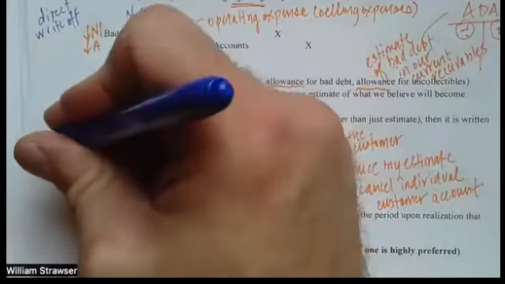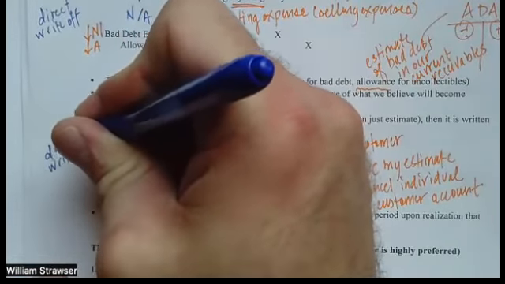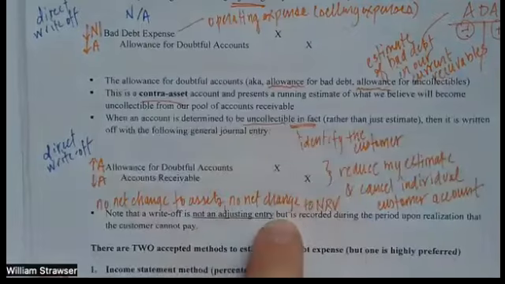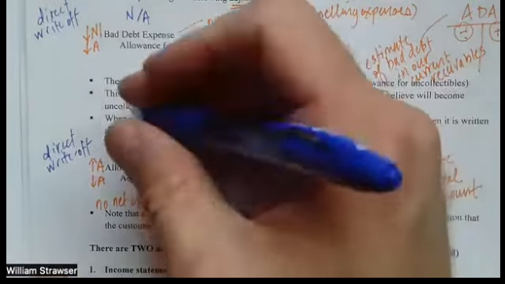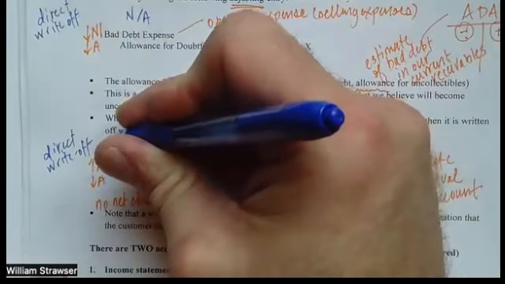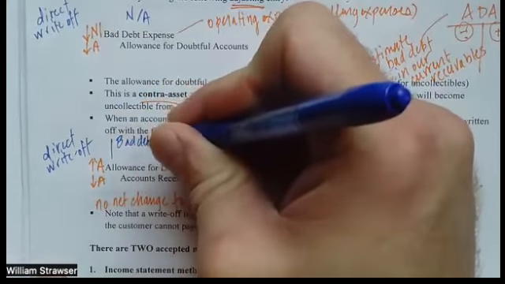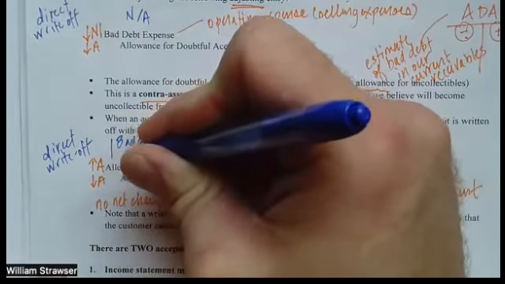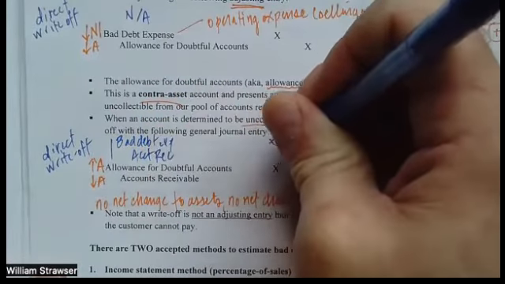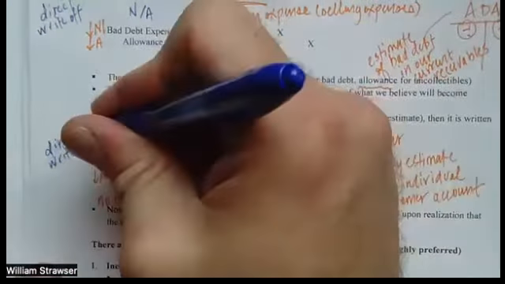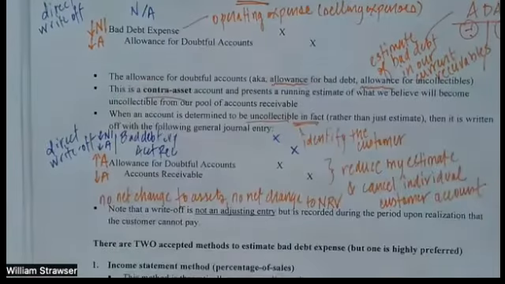Under the direct write-off method, that bad debt expense would come in here when the customer notifies me that they're unable to pay. Then I would debit bad debt expense and credit my accounts receivable at that time, which creates at that time the net income effect and reduces my assets.